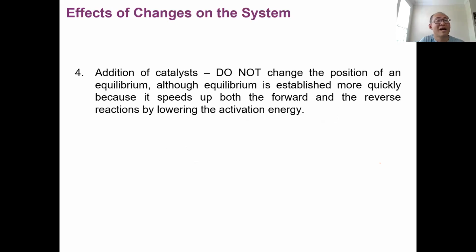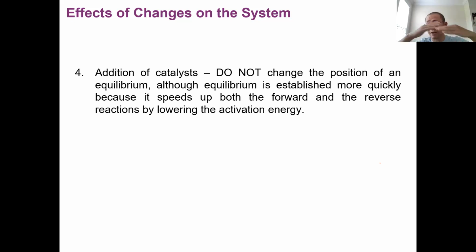And finally, the last factor, which is not really an effect of changing equilibrium, is the catalyst. Remember earlier we talked about catalysts being something that participates in the reaction by reacting with the reactants or products, and then lowers the activation energy to speed up both the forward and reverse reactions.